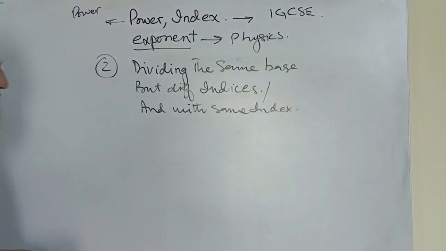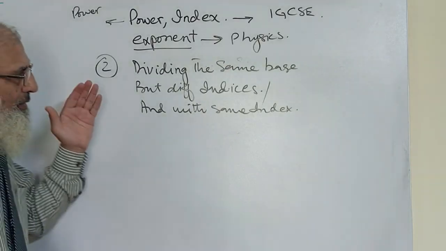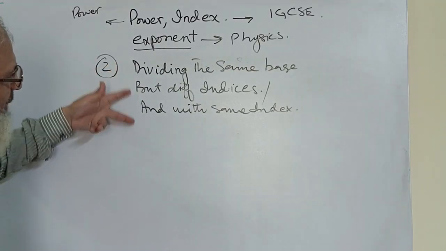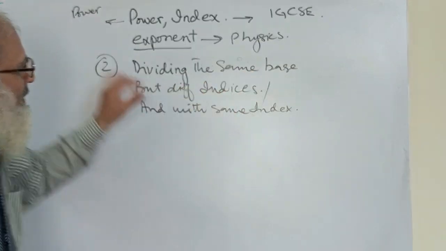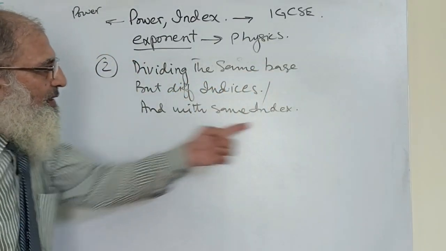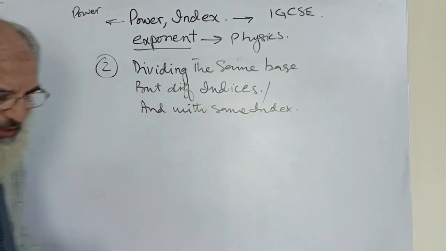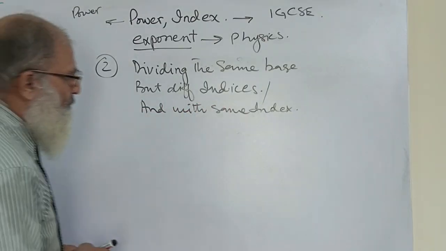Either could happen here. You divide the same base with different indices, or you divide the same base with the same index. Okay, now let me explain it to you.